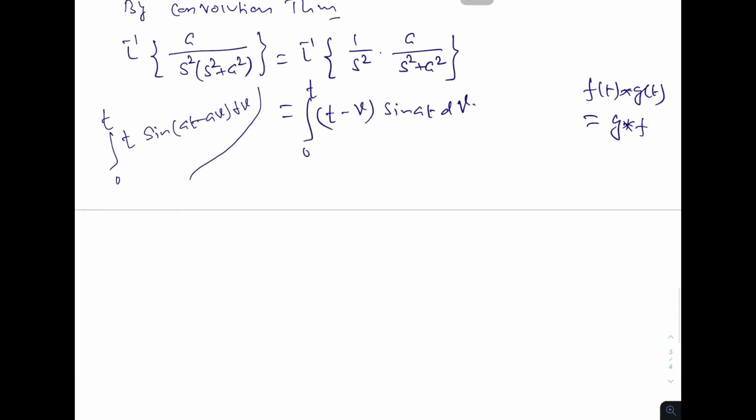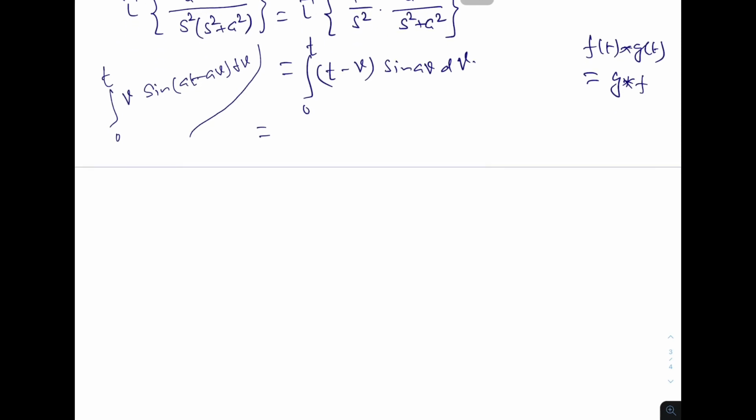Now this we can solve using integration by parts. We take the integration with respect to the variable v. So we keep t minus v as it is.